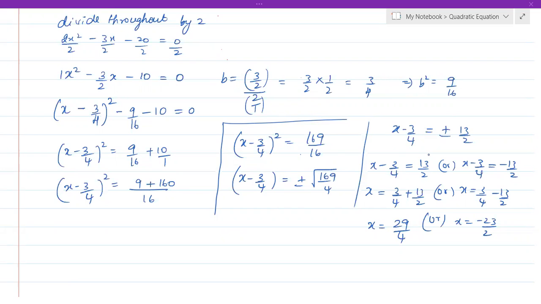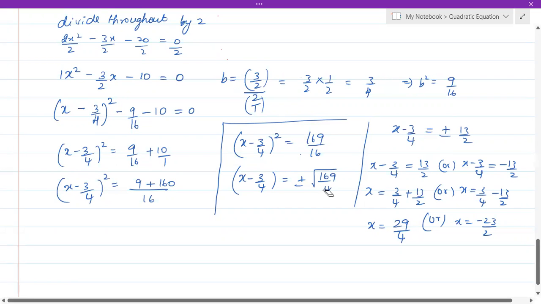Okay, we have made one small mistake. Yeah, I found that. I'm sorry about that. It is 169 by 16, so here it should be 16. Therefore, this becomes 4, 13 by 4. So it becomes 26 by 4. The same thing here.